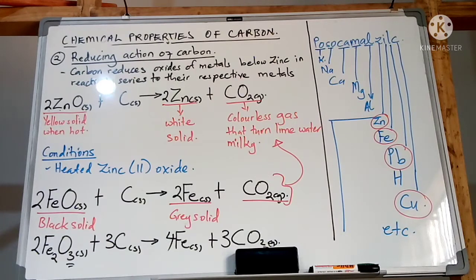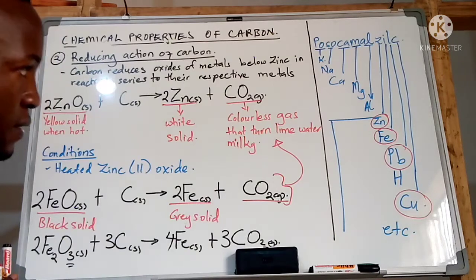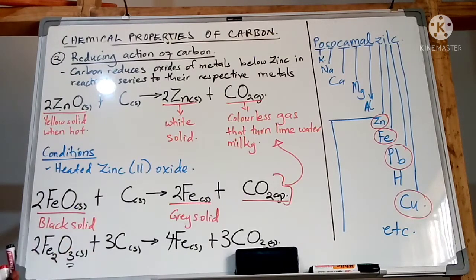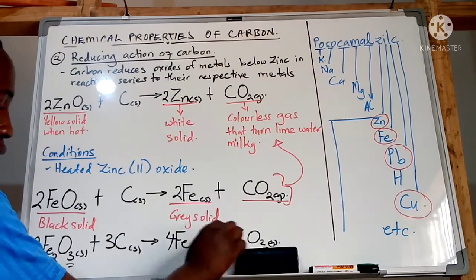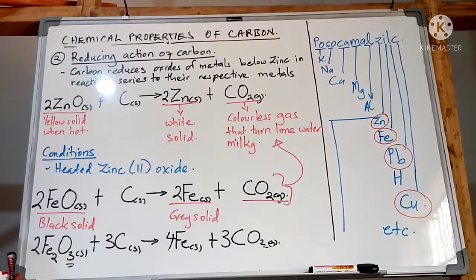To continue with the same equations, I would like to write that of lead(II) oxide and that of copper. However, this oxide is brown, so it's going to be reduced from a brown solid to a gray solid, and a colorless gas that turned lime water milky.